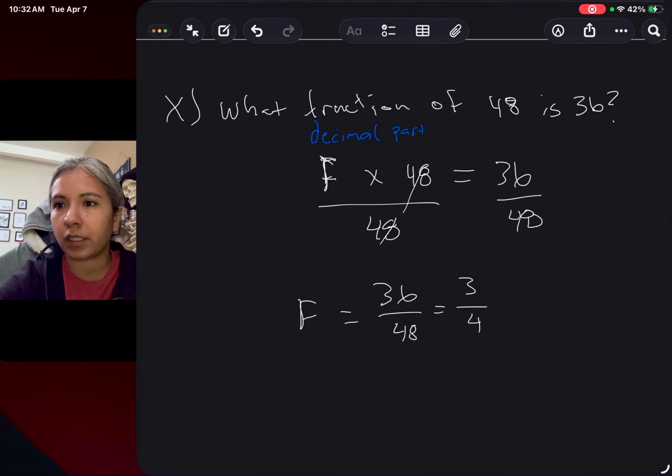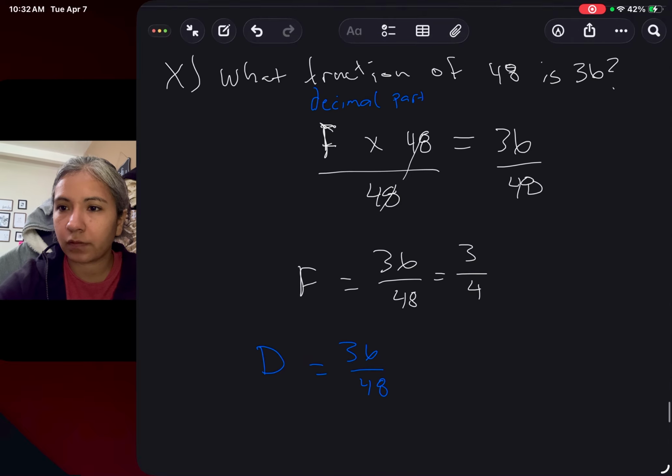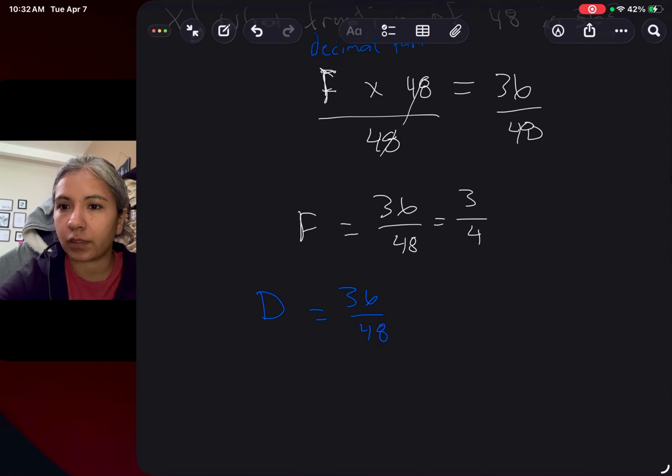So this would just change to D, and it would still be 36 over 48, which is 36 divided by 48.